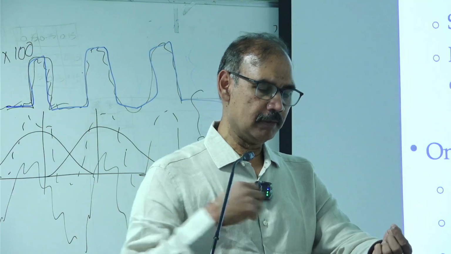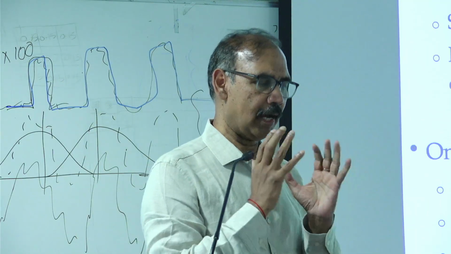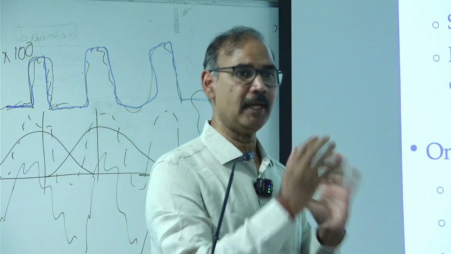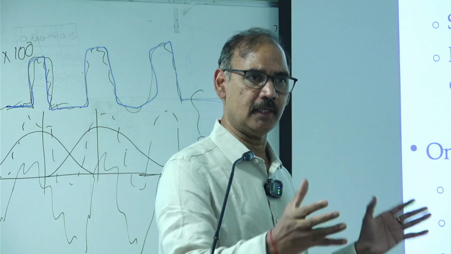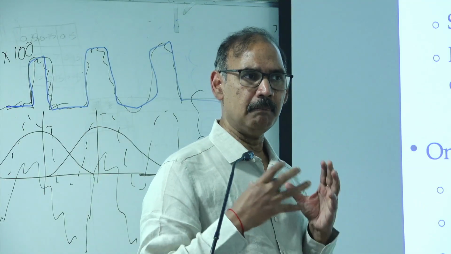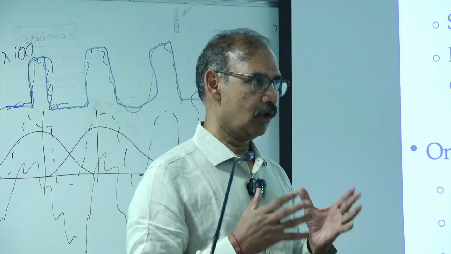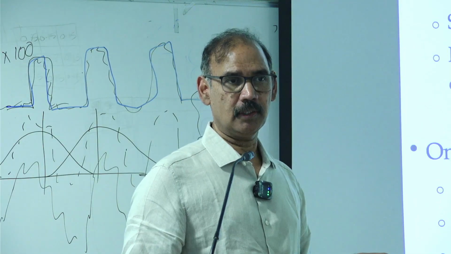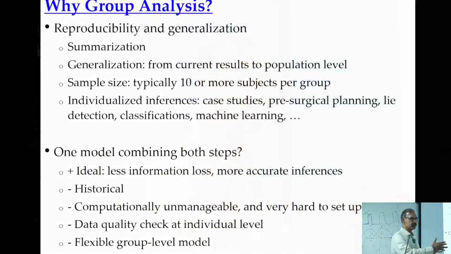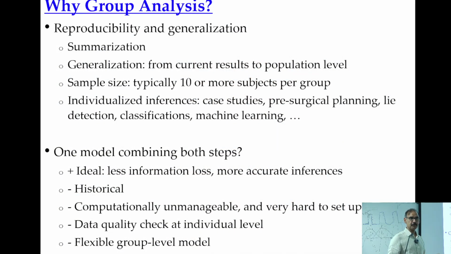So the next would be, let's say I give you 1,000 brain images, right? And then ask you that, okay, these are all healthy subjects, build a model of how a young brain looks. How would you go about doing that? So you have 1,000 brains, right? What would you do? I will give you one hint: you transform all of them into the MNI template, right?